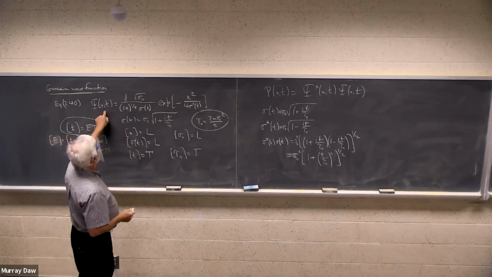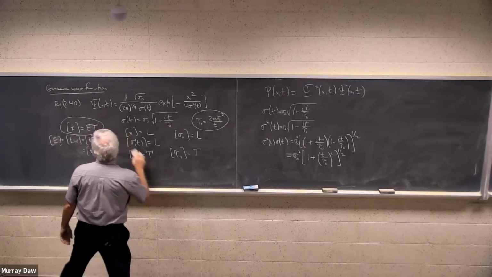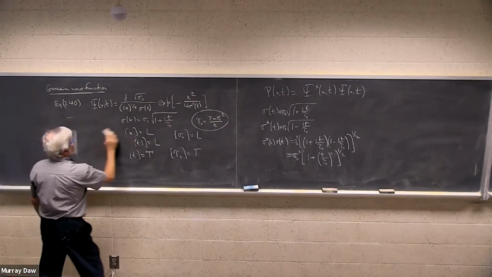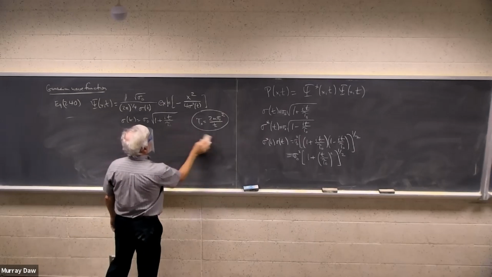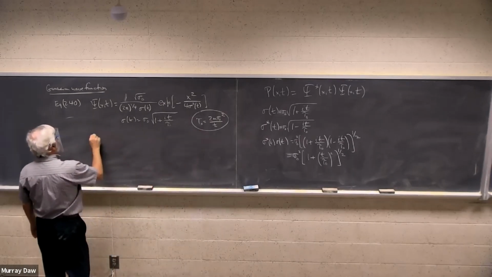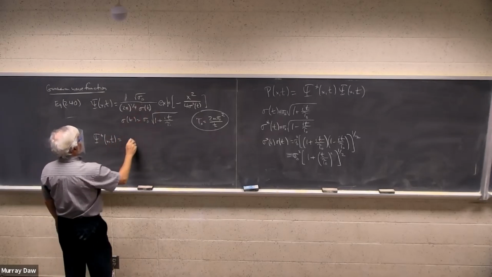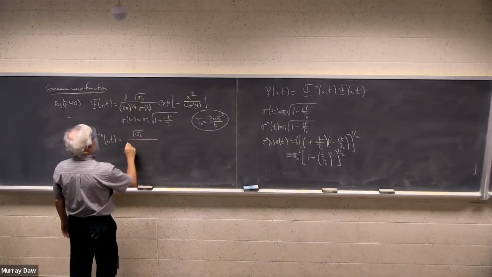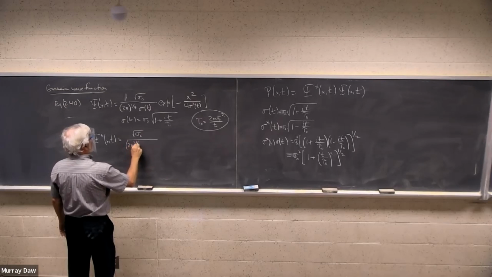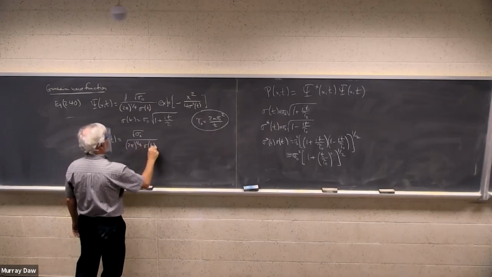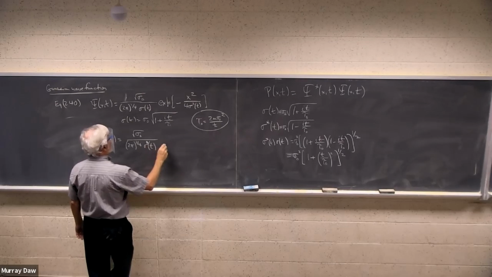So when you take, let's write down psi star here. The only thing that's not real in this expression is sigma of t, so we have a complex conjugate here.